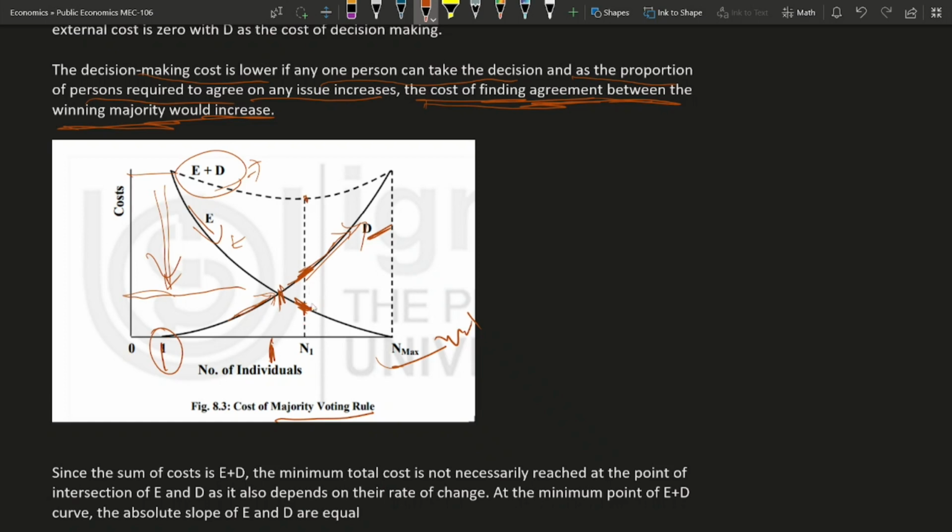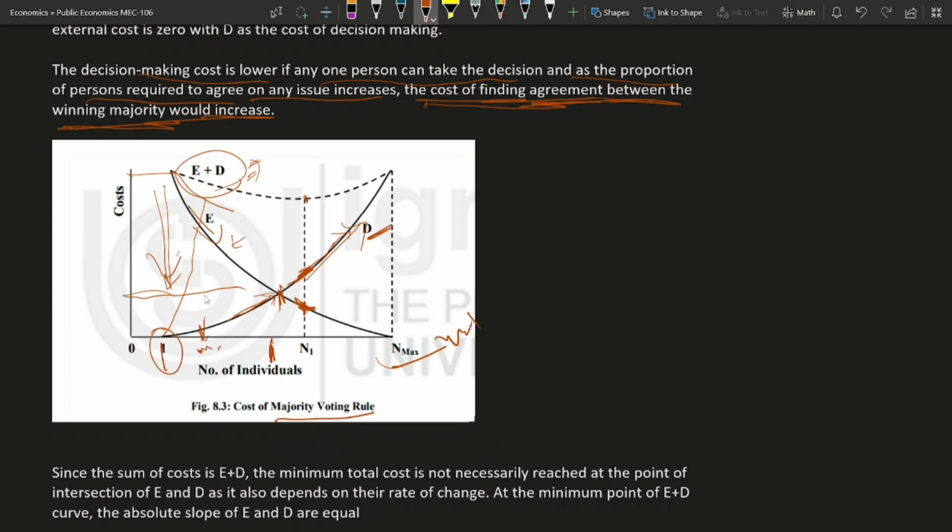In this case, the slope of D was less compared to the falling slope of E in the initial stage. There could be another case where the falling slope of E is less in the initial period than the rising slope of D. In that case, it is possible that we will find the minimum point of E plus D somewhere near the minority voters.